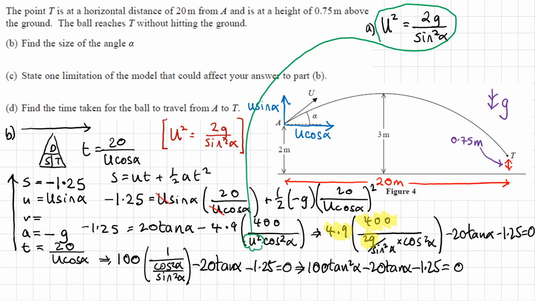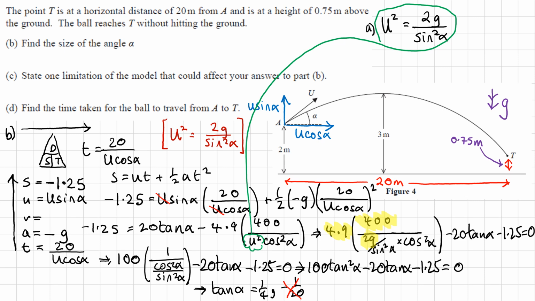So let's solve this for tan alpha first of all. So I'll get tan alpha is equal to a quarter, and then the other value I'll get for tan alpha is negative 1 over 20. Now if I do the tan inverse of negative 1 over 20, I get a negative angle, like negative 2.8624, so we can forget about that.